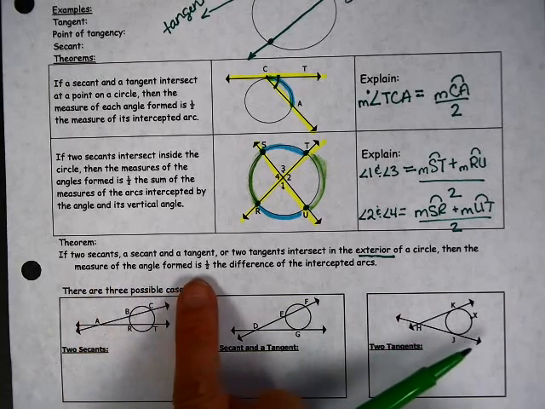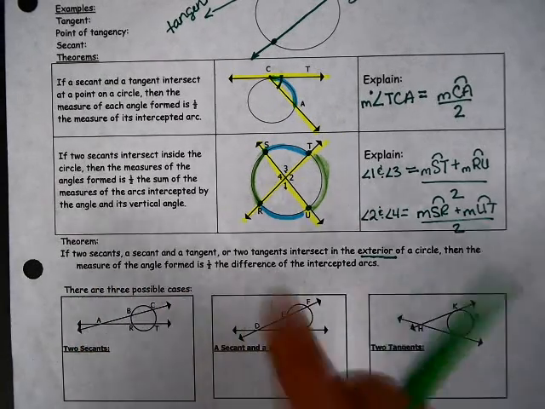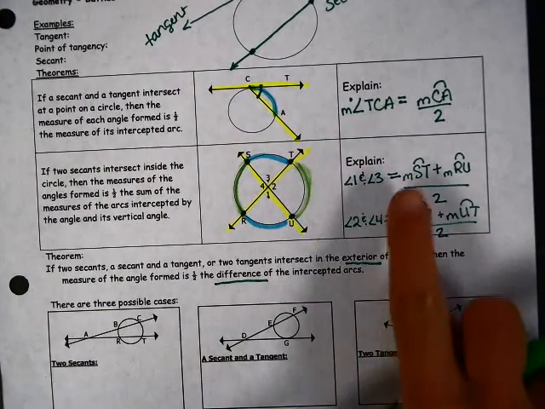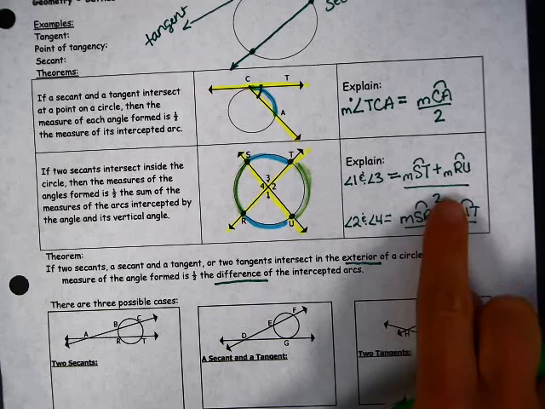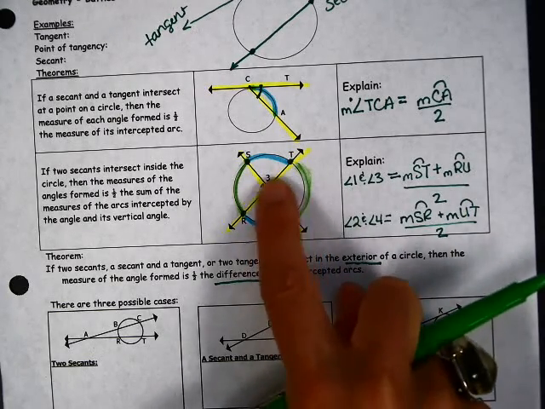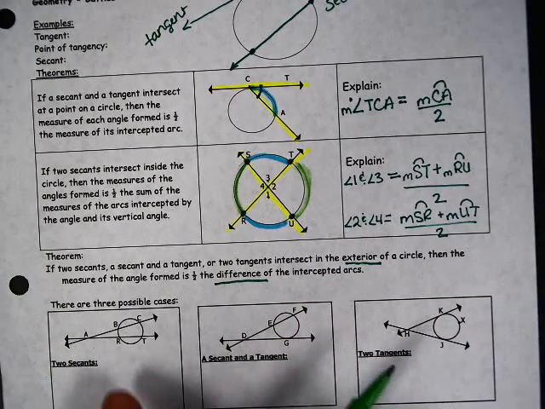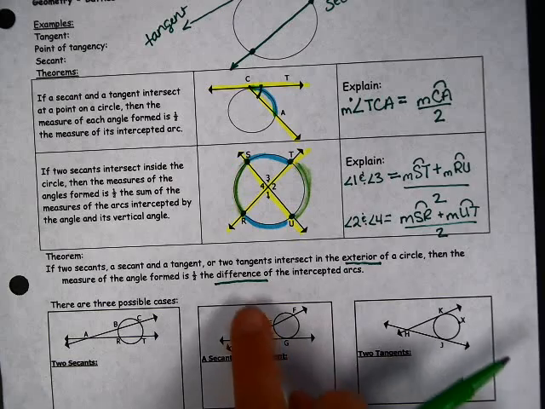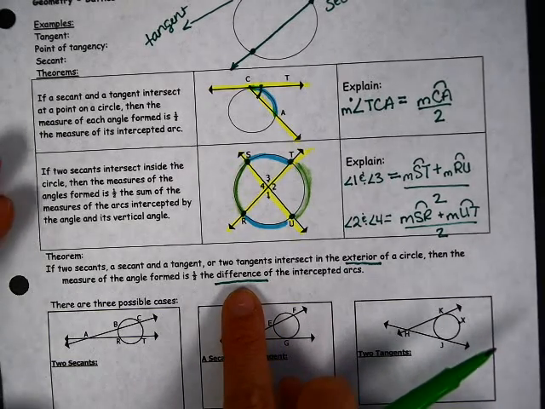Then the measure of the angle formed is half the difference of the intercepted arcs. Notice here we added the intercepted arcs and divided by 2. That's if we intersect on the inside. If we intersect on the outside, we subtract the arcs, that's what the difference is, and divide by 2.